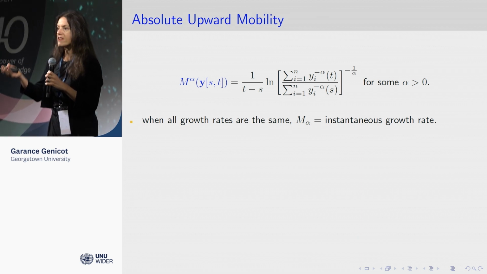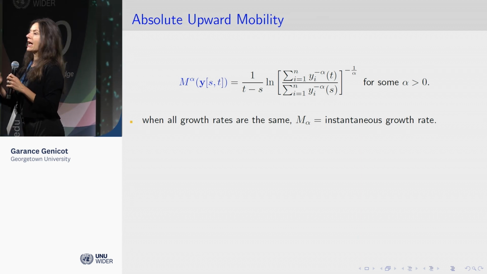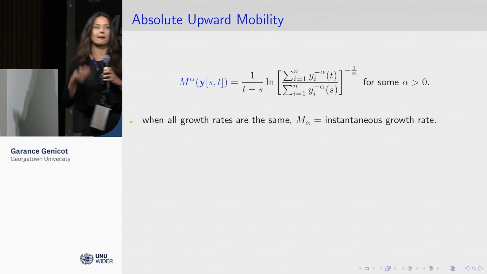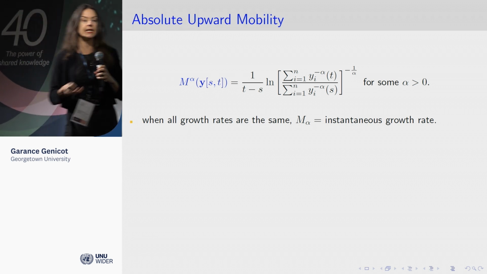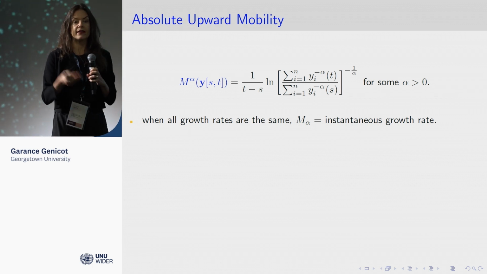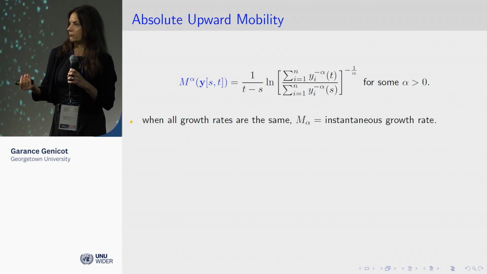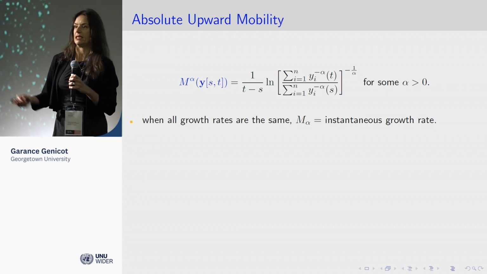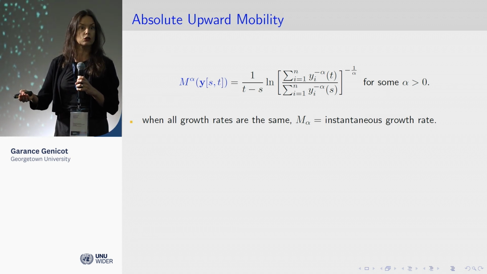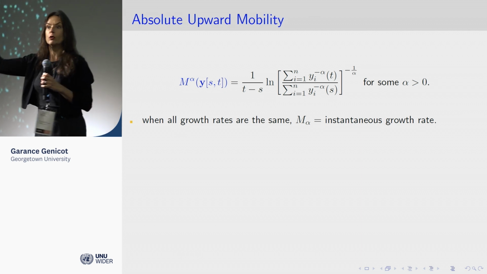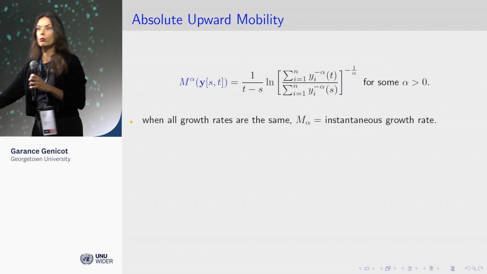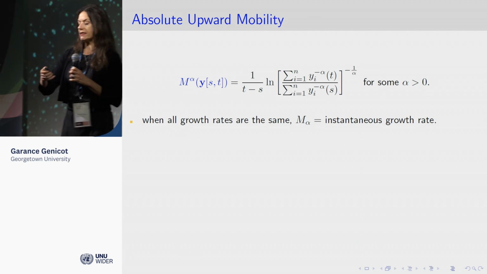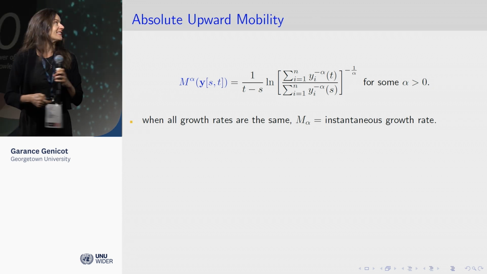So if everybody was growing at the same rate, if we had balanced growth in this economy, then my measure of upward mobility would be equal to that balanced growth that we have seen. But whenever the growth is not balanced, this is going to be higher if the growth has been pro-poor, and it's going to be lower if it's not.